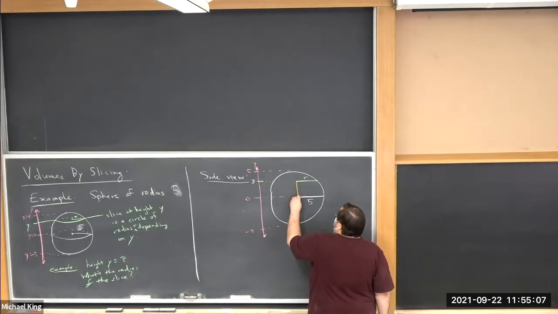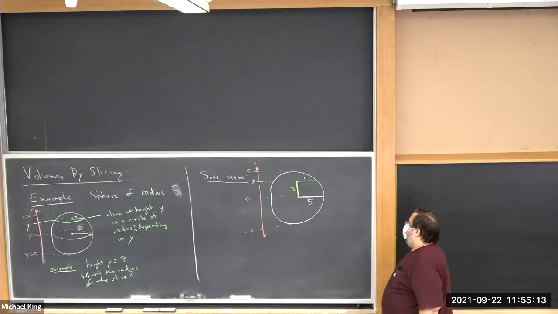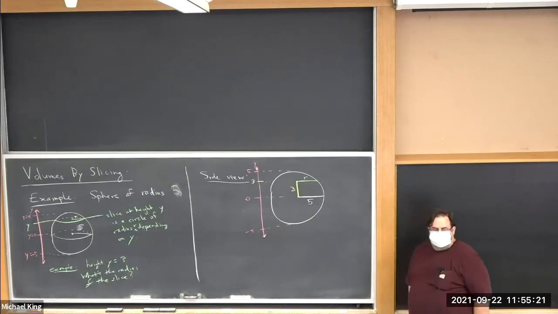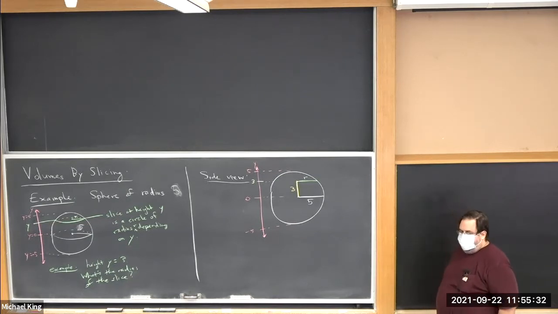Let me start drawing some stuff in here. So this is 3. What else could I draw in this picture? I want to know what R is. If you watched the third video, you might know.